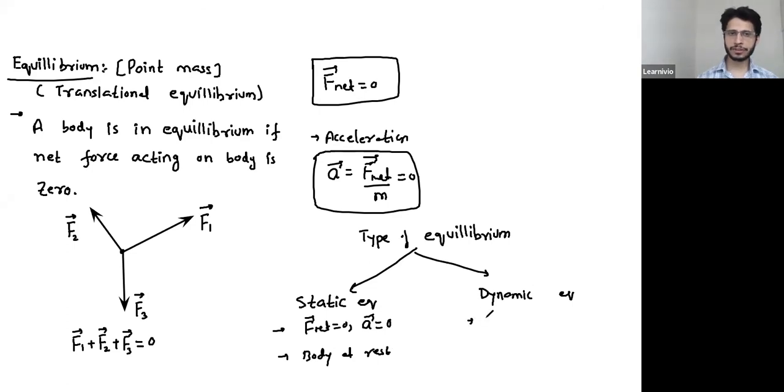Dynamic equilibrium is again a type of equilibrium, so the first two conditions should hold. Net force is 0, acceleration is 0, but your body is not at rest, your body is in uniform motion.